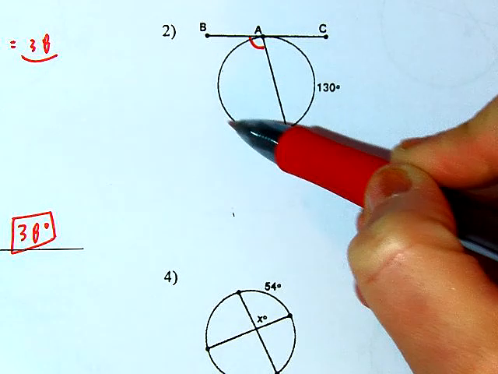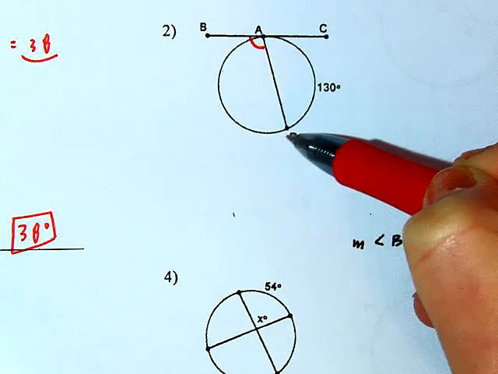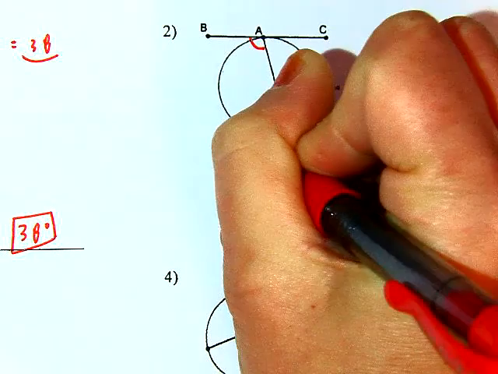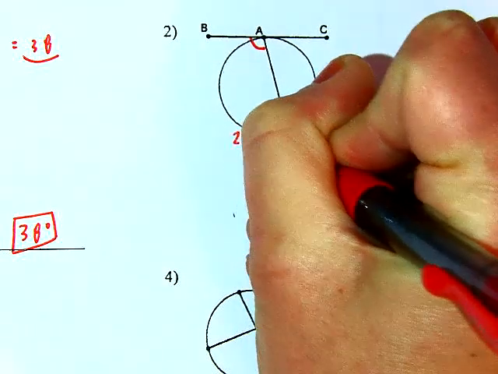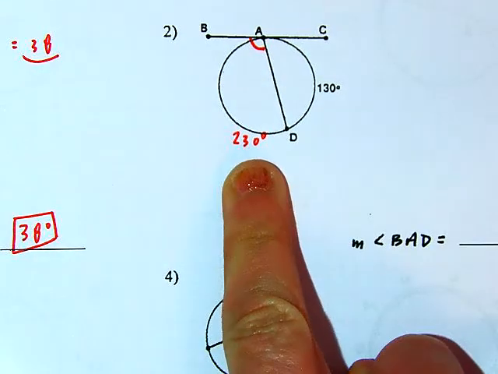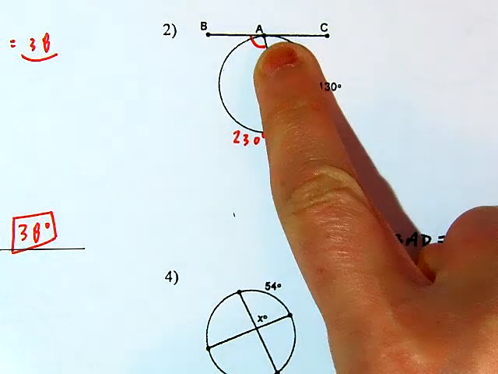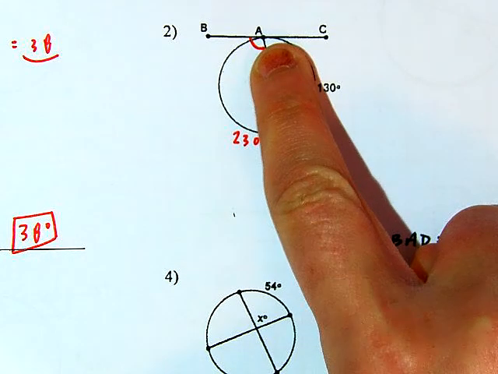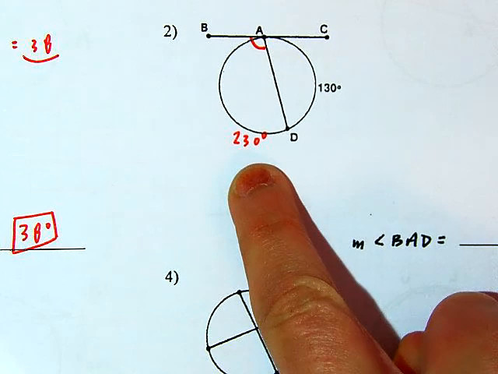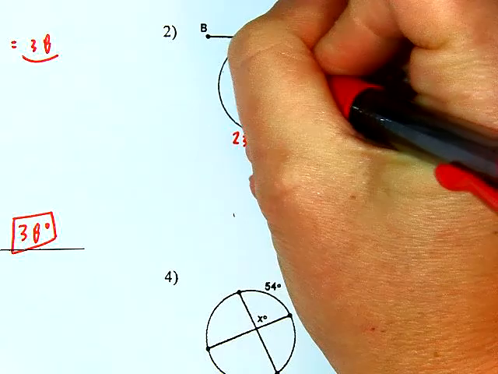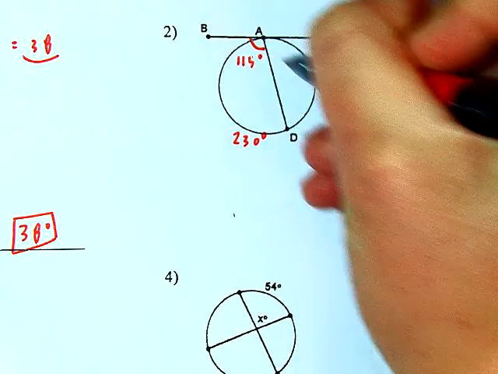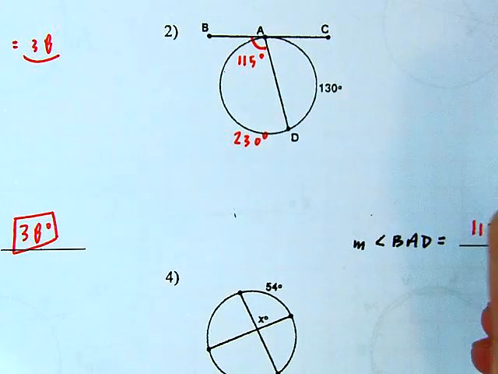So this arc would have to be the remainder that gets us to 360 total. So 230 over here. And once I've connected to this arc, my vertex is again on the circle. So the angle will be half of the intercepted arc. So 115 right here. So that's one way to get to it.